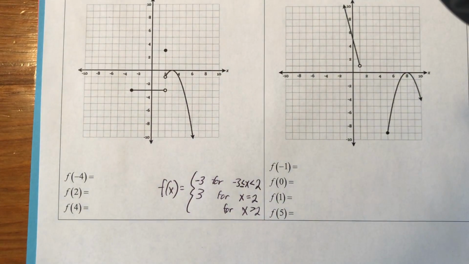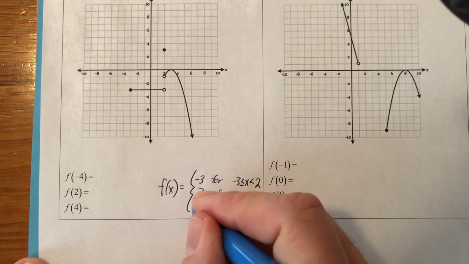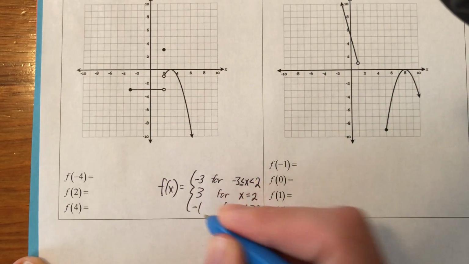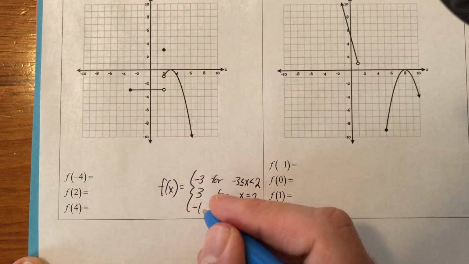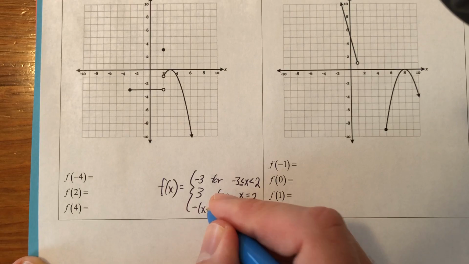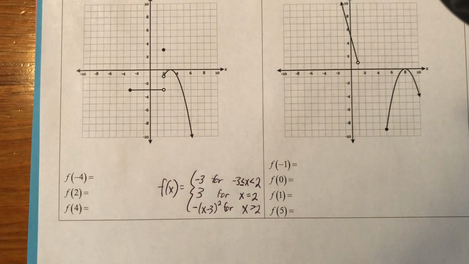When I say standard, I mean it's not standard form necessarily, but standard in terms of just general basic shape. It's not too wide, not too narrow, which means its leading coefficient is 1. Technically, its leading coefficient is -1. And it has a horizontal shift of +3, which means we're going to go x minus 3 in there. Okay, there we go. That was fun.